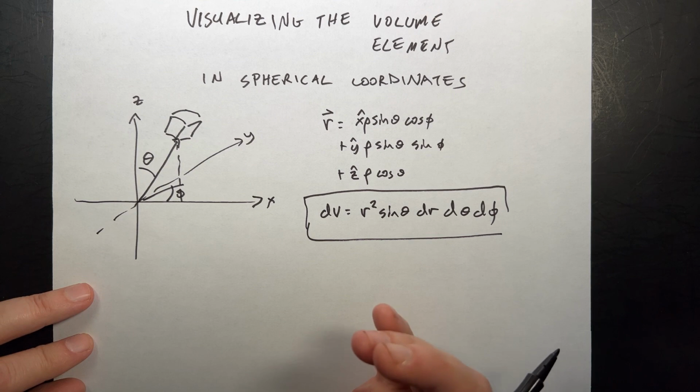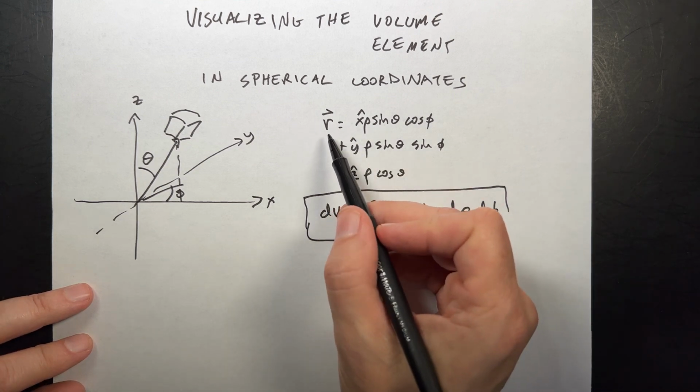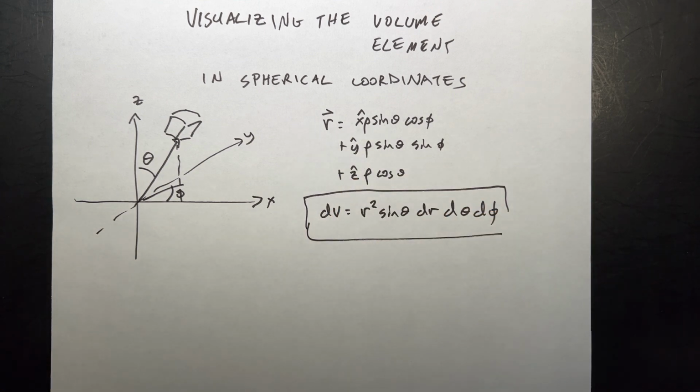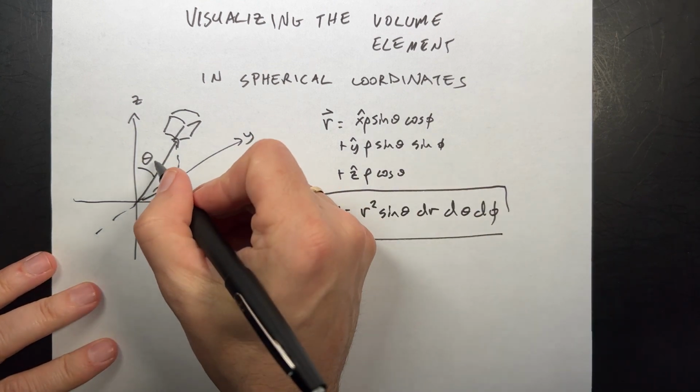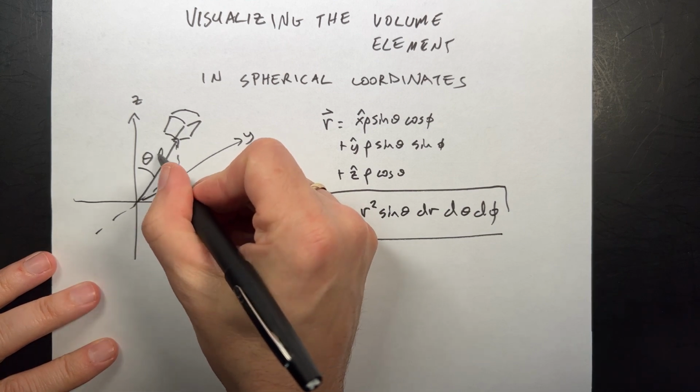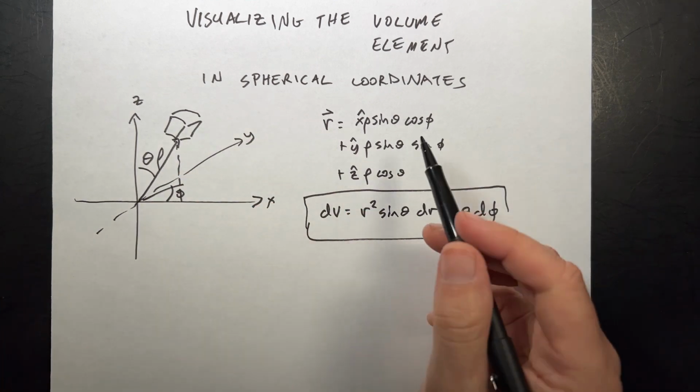So let's just review real quickly. If I want to convert from spherical to Cartesian coordinates, which I need to do because I'm doing this in Python, and Python uses Cartesian coordinates. First of all, I'm going to call this vector, the distance, rho, because I'm going to use r for something else.